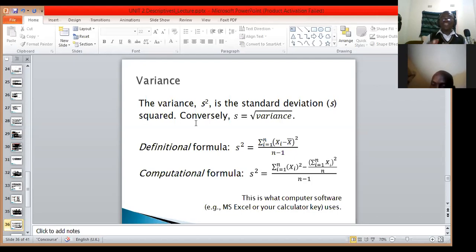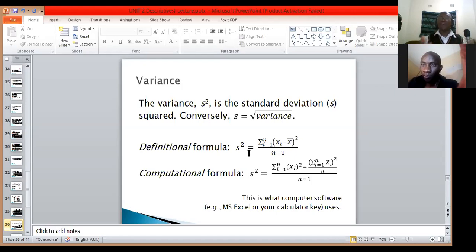So the variance and the standard deviation are opposites of each other. That's why in the computation for variance, which is represented by s squared, all we need to do is remove the square root from the formula that we are using.